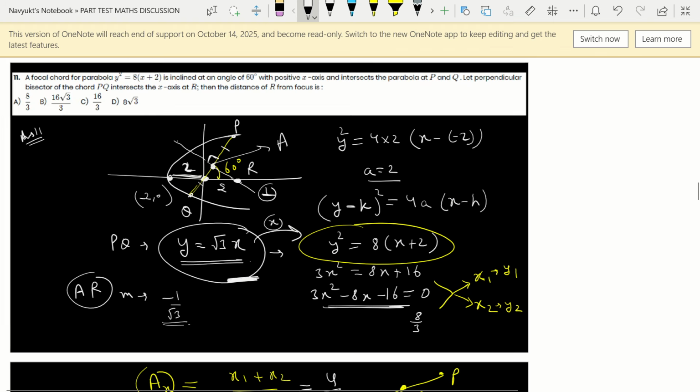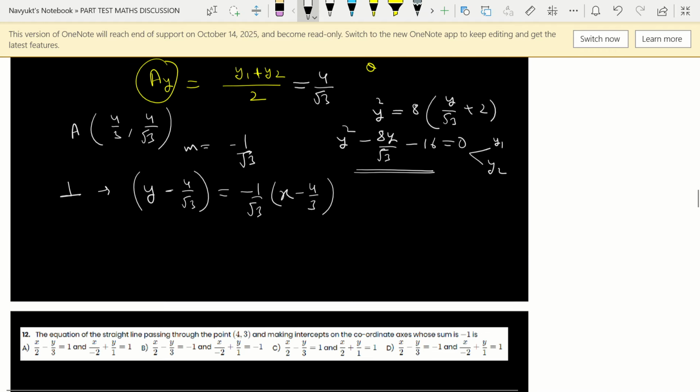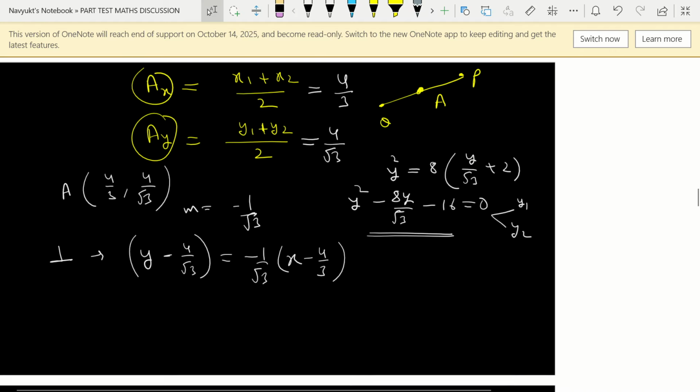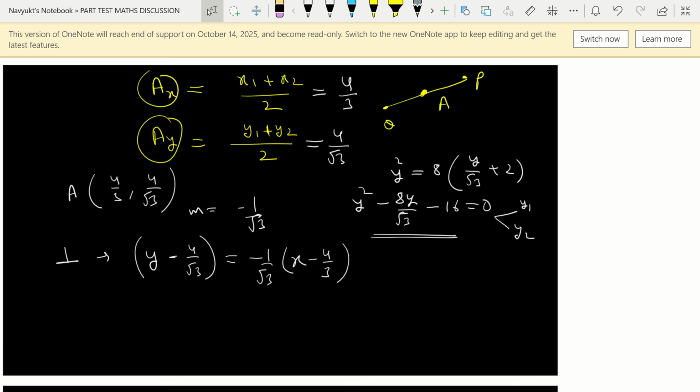Now this is cutting the x-axis at some point R whose coordinates you need to find. How do you find a line's cutting point with the x-axis? We just put y as 0 here, and that will give the distance of R from the origin. So minus 4 by 3... minus minus cancels, root 3 cancels, this root 3 cancels when this is 0, right?